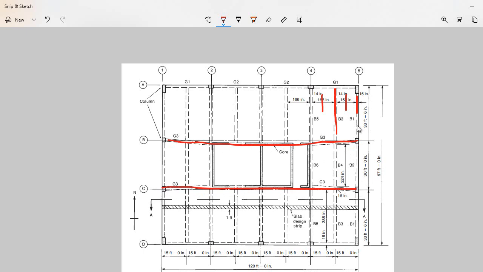The slab system in this zone has a beam in this direction, and these girders are in the direction of the one-way slab system. So near this region there is a two-way slab action, and due to that action we have to provide some extra bars in the top portion of this girder.